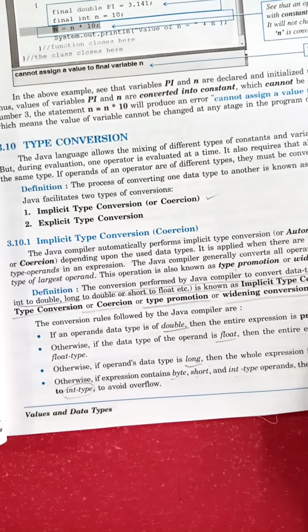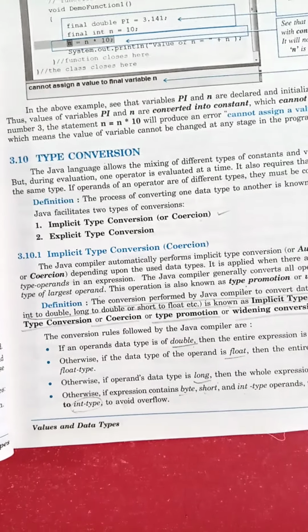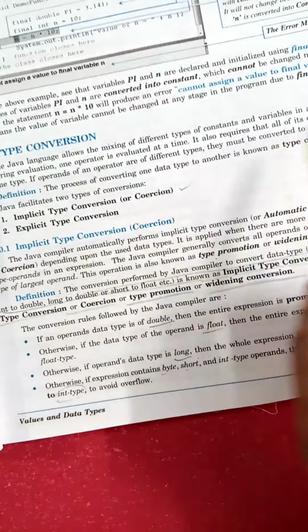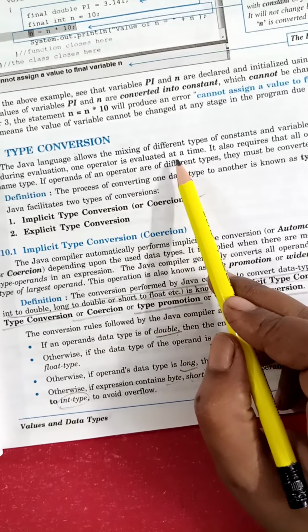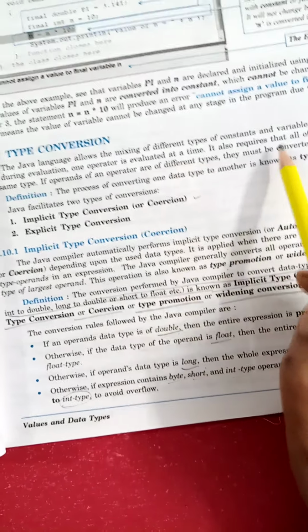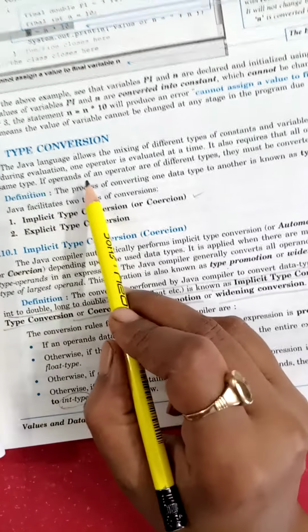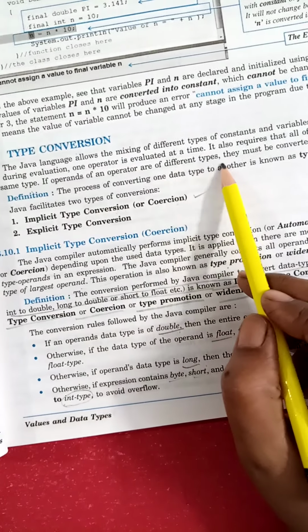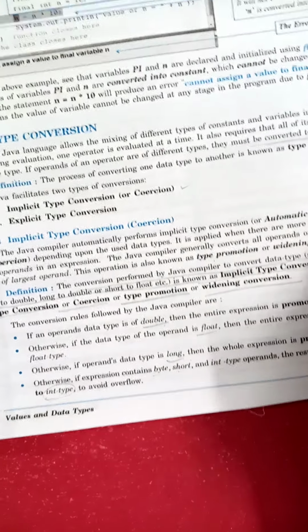So what happens during evaluation? One operator is evaluated at a time. It also requires that all of its operands be of the same type. If the operands of an operator are of different types, they must be converted to the same type.